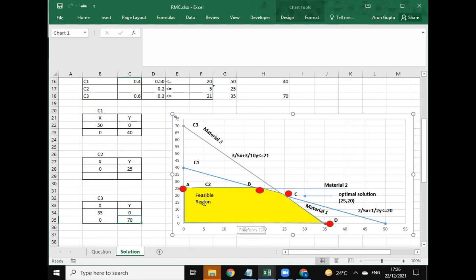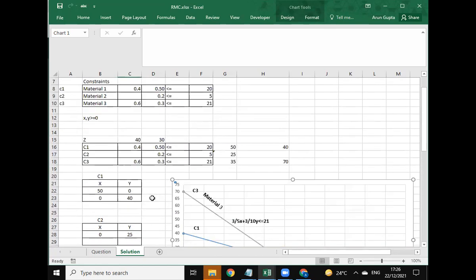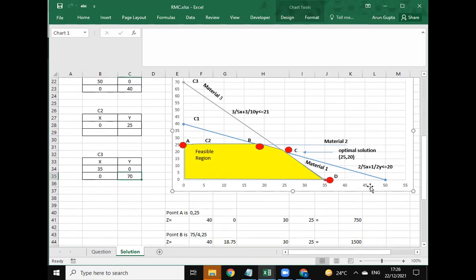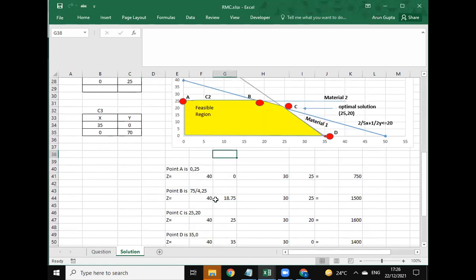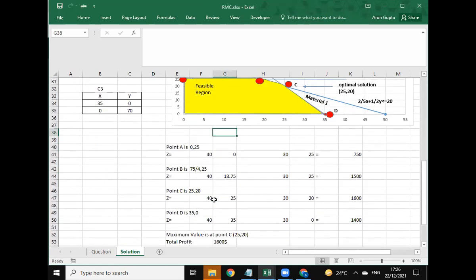This is the yellow feasible area, which has all possible solutions for this programming model. So I hope this is much clear. Then we have the depicted answers here. Point A is 0 and 25. We have provided the values of 40 here and 30 here.